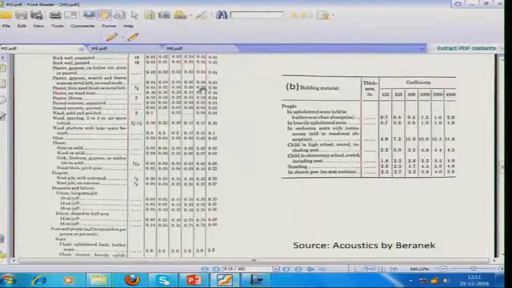For people, there are different types: people in seats with upholstery, which means they have a lot of cushions and things like that, or in simple seats, leather seats, or in wooden seats, and for different frequencies the absorption coefficient alpha p are indicated here. So, from here you can get alpha p for different situations.